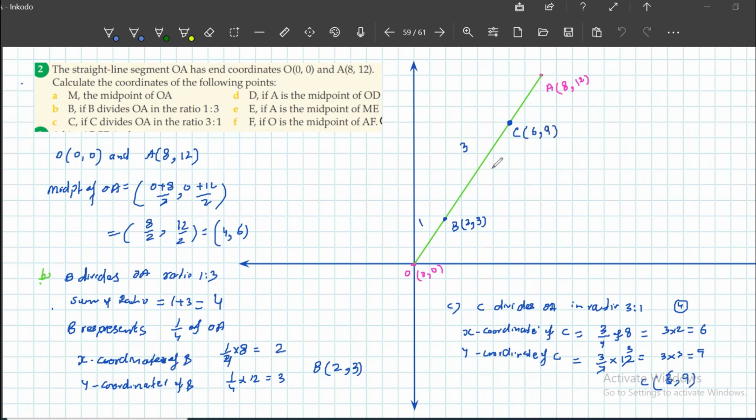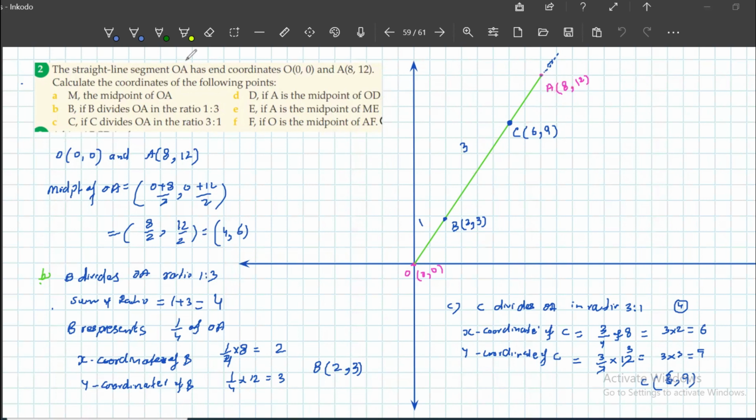After this we will move on to D part, and D is if A is the midpoint of OD. Remember that A is the midpoint of OD. D you have to extend. If you extend to the right, now we have 8 unit right, 12 unit up, and after another 8 unit right and 12 unit up, you will get point D. But actually A is the midpoint.